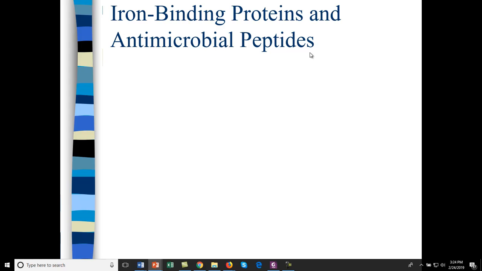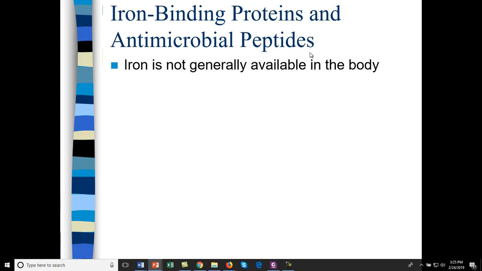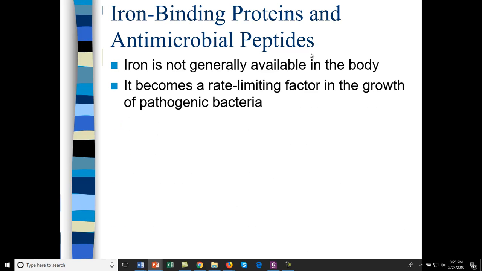Okay, then moving on, we have iron-binding proteins and antimicrobial peptides. This is another way that you can fight against pathogens. Iron is generally not available in the body, which is a good thing. Pathogens need iron, so they're looking at scavenging iron from human tissues. This becomes a rate-limiting factor for the growth of pathogenic bacteria.